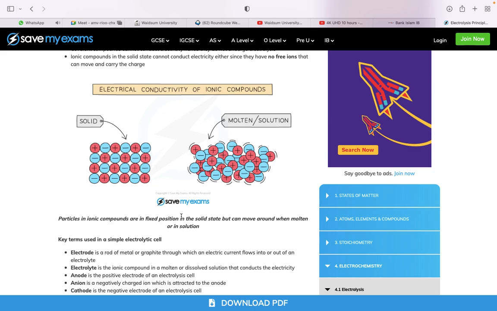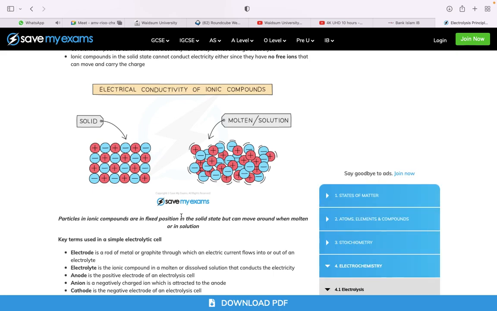Is that okay? That's why they can conduct when they are in molten or solution state. So remember, ionic compounds in molten state or in solution state can conduct electricity, but ionic compounds in solid state cannot conduct electricity. That's the point we're trying to make.